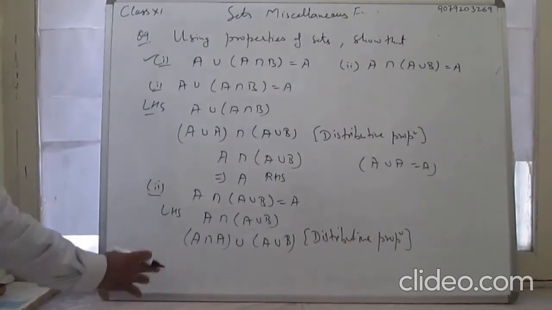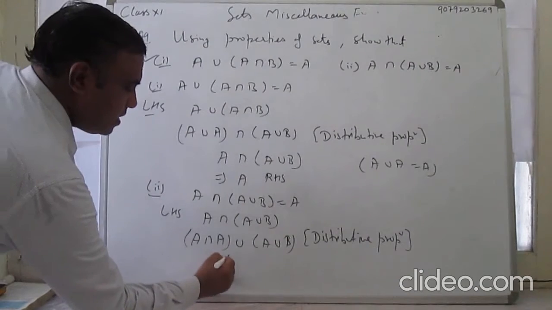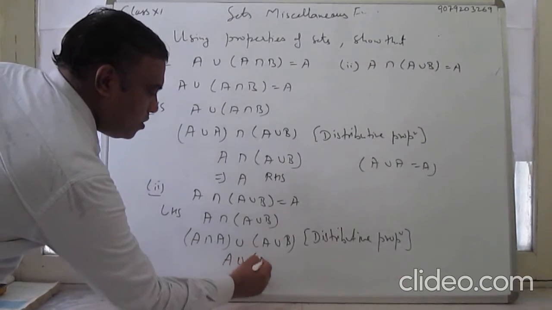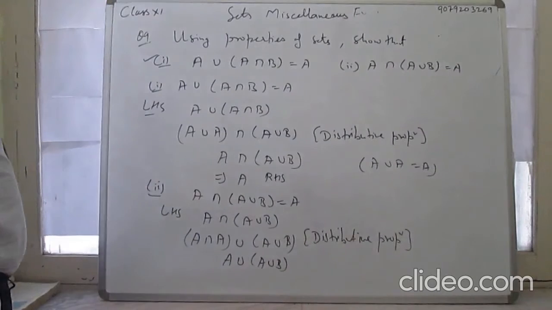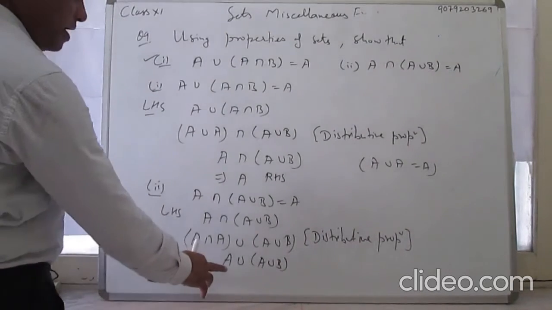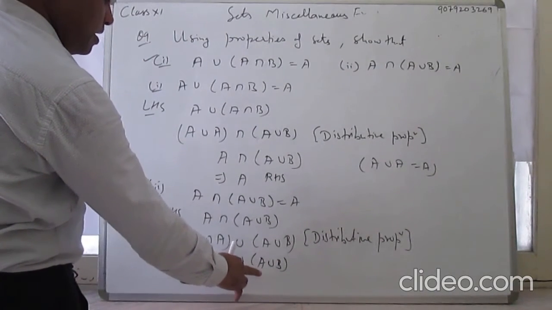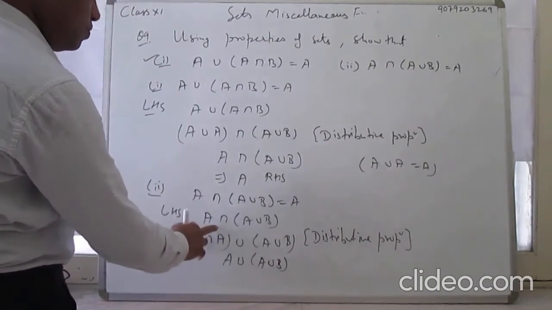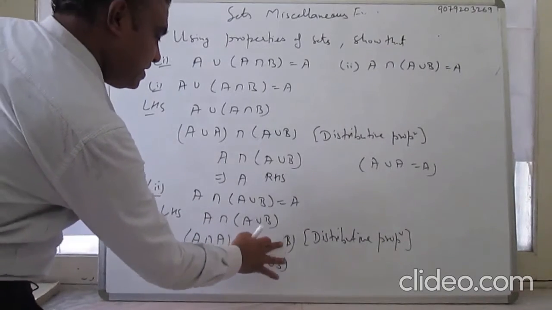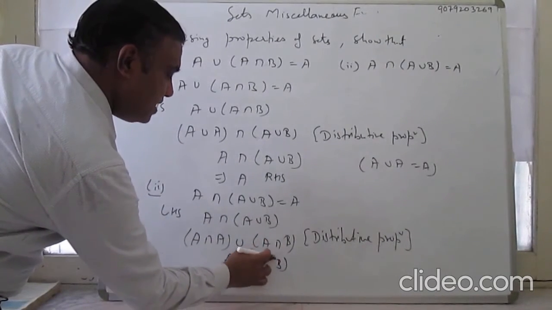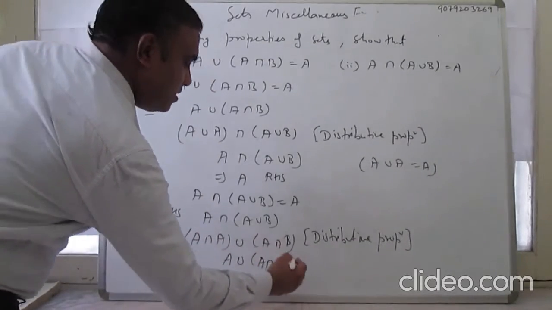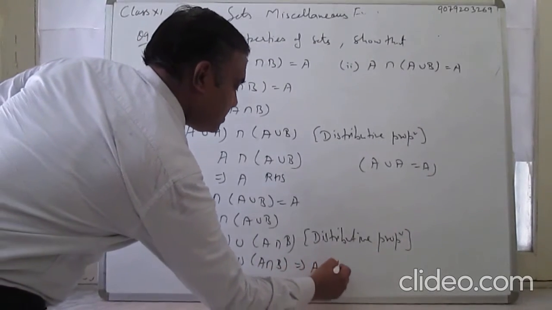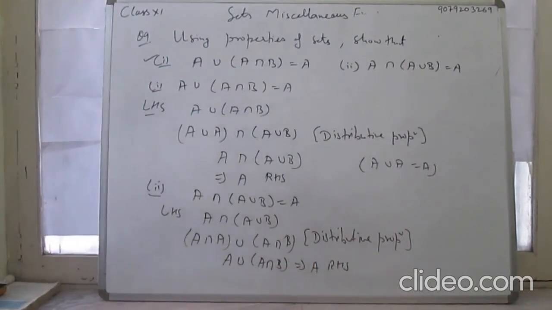Now see here, A intersection A is again A, union A intersection B. A union A intersection B is again A. That is right hand side.